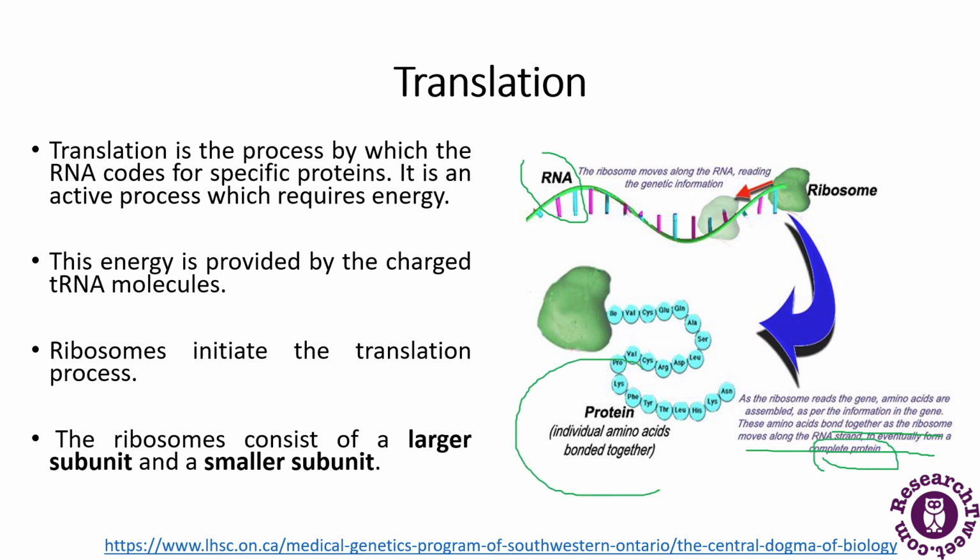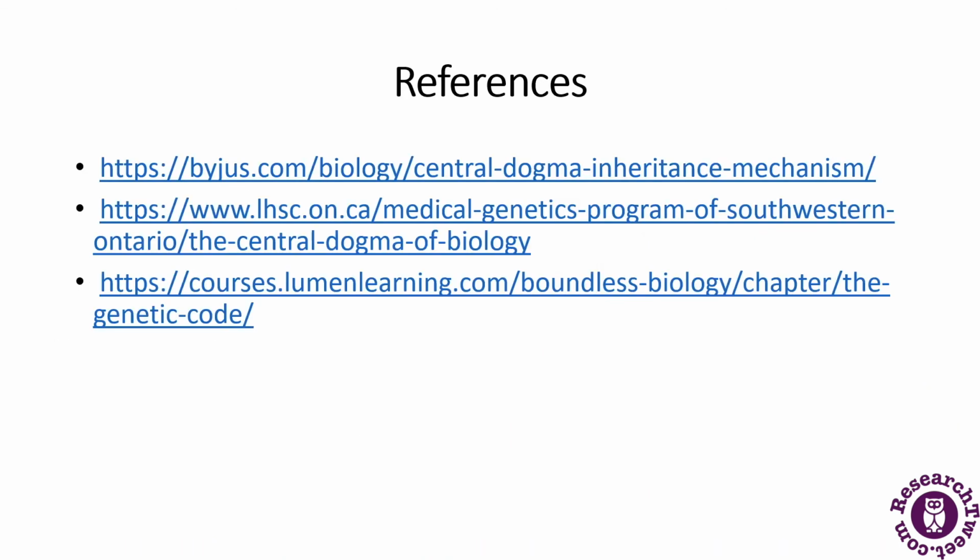So here a protein is made of individual amino acids bonded together. Here the protein has been formed from the RNA. So this was all about the central dogma model of molecular biology. These are some of the references. Thank you.